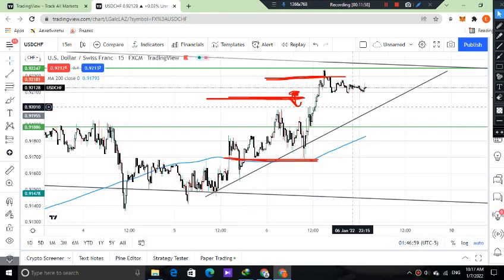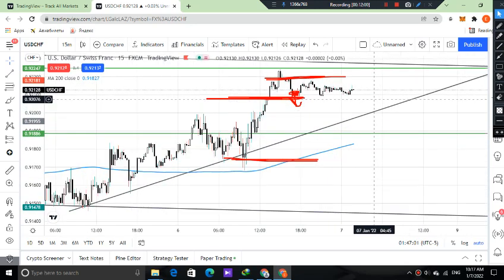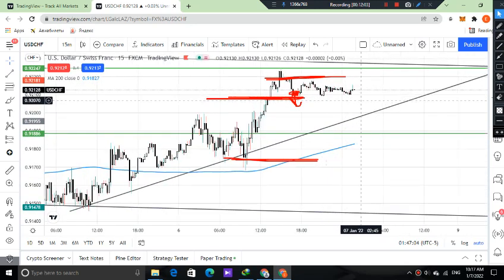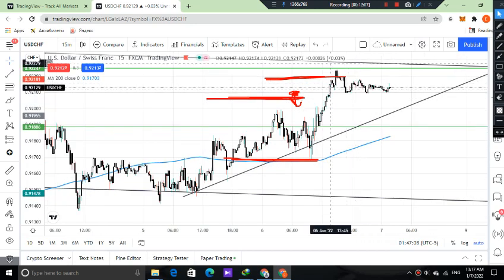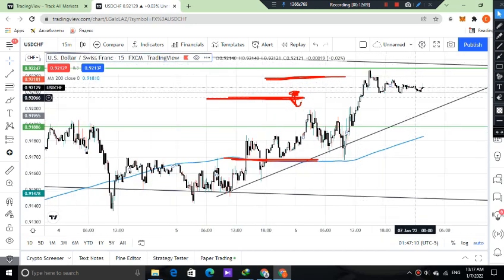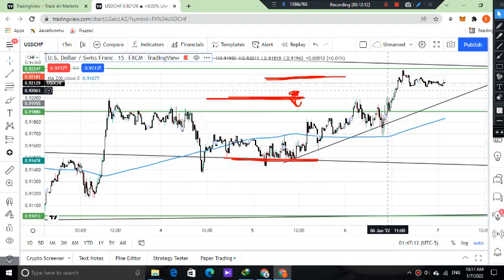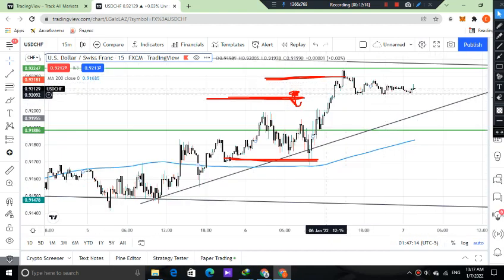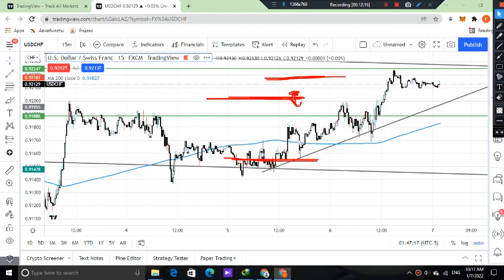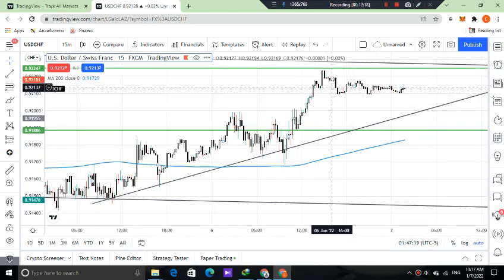And what about 50-minute time frame? In 50-minute time frame, I don't know, you can consider this a downtrend. There's something curious about this.